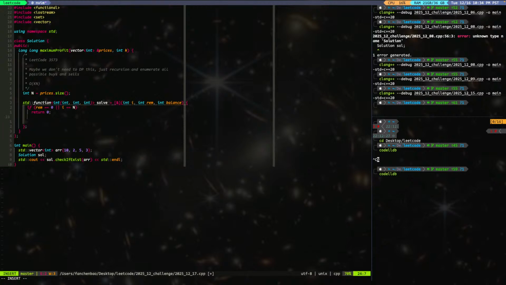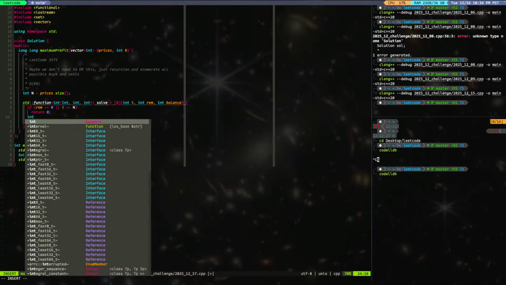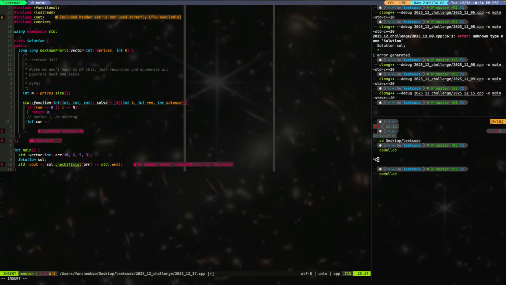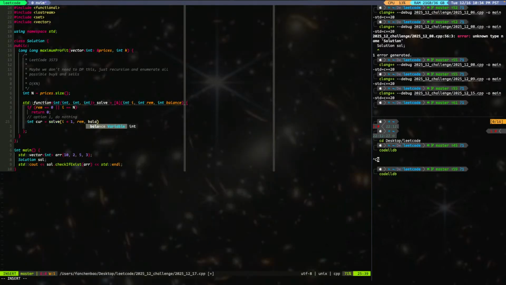Otherwise, current shall equal to, so this is option 1, and do nothing. So this shall be solve I plus 1, remaining and balance. If balance is equal to 0, right?